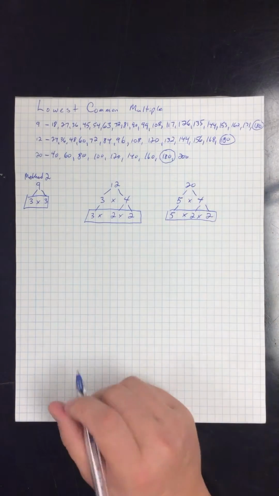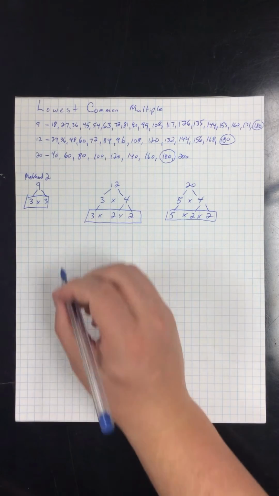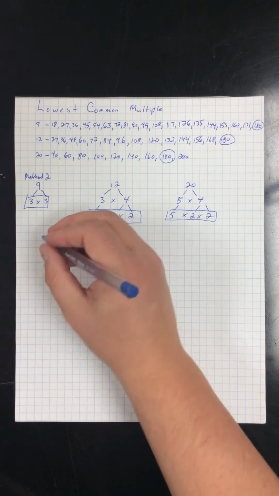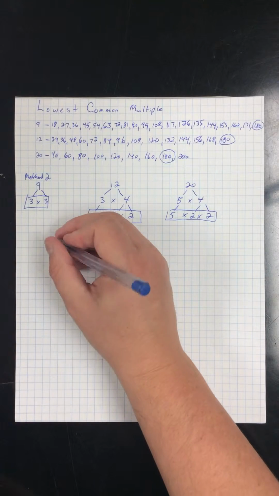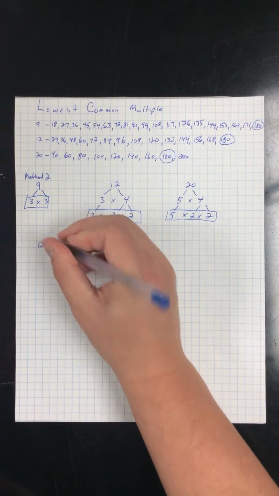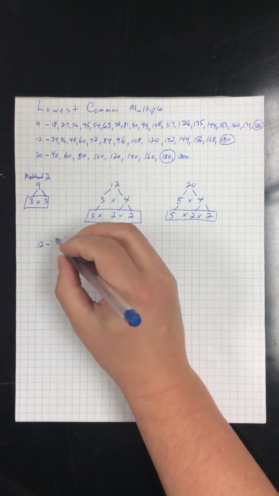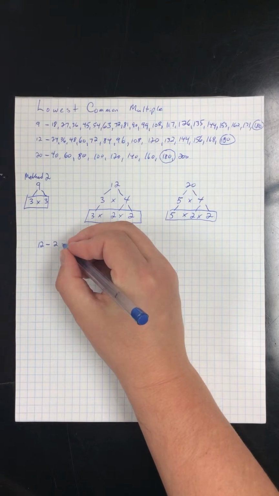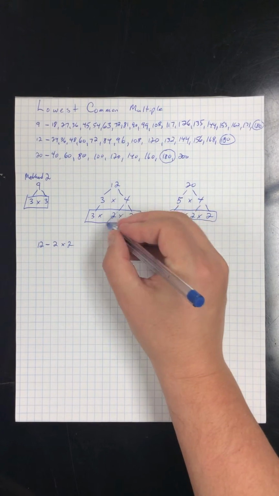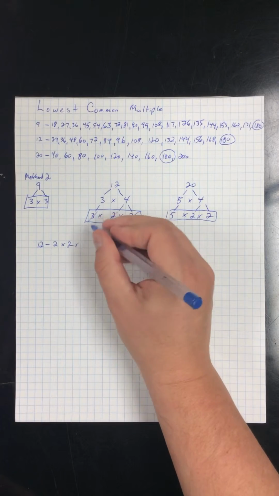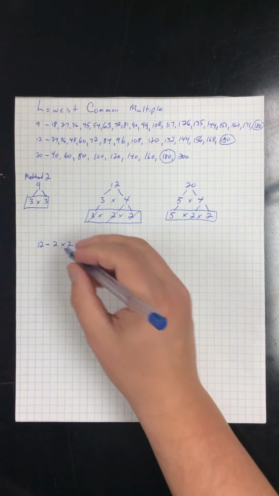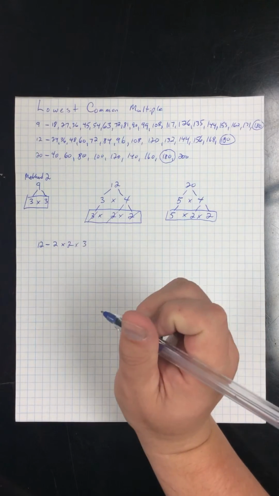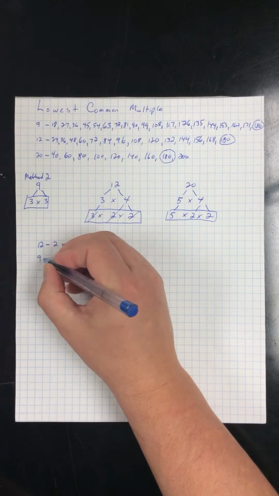Just like we did the other day for our greatest common factor, we're going to reorder these. And I'm going to start with my 12. And I'm going to list out these again, nice and neatly. 2 times 2 times 3. Okay, actually, maybe I'll do 9 next.